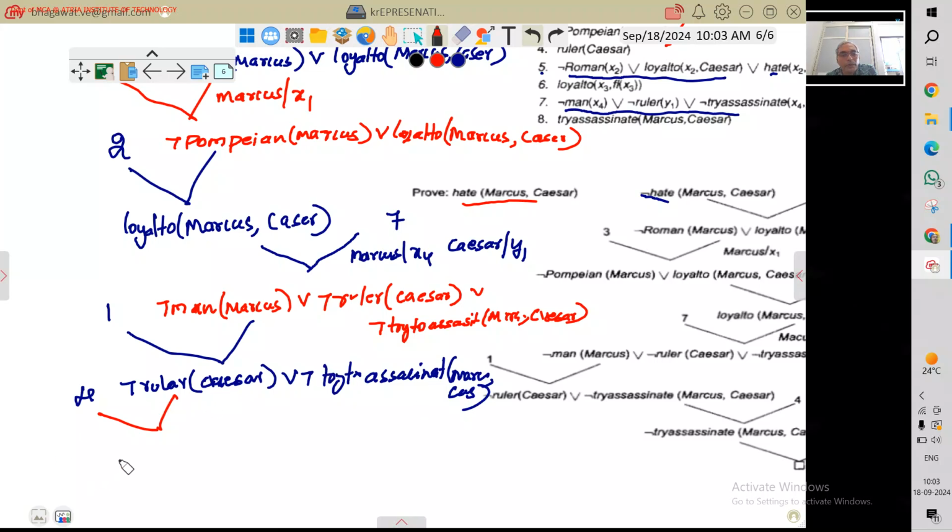We are left with the new resolvent clause, which is negation try to assassinate Marcus comma Caesar.